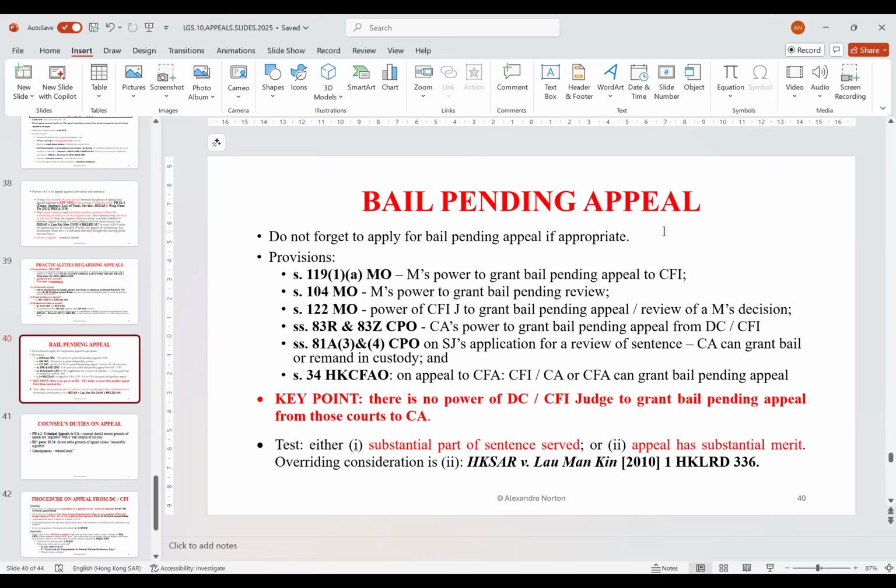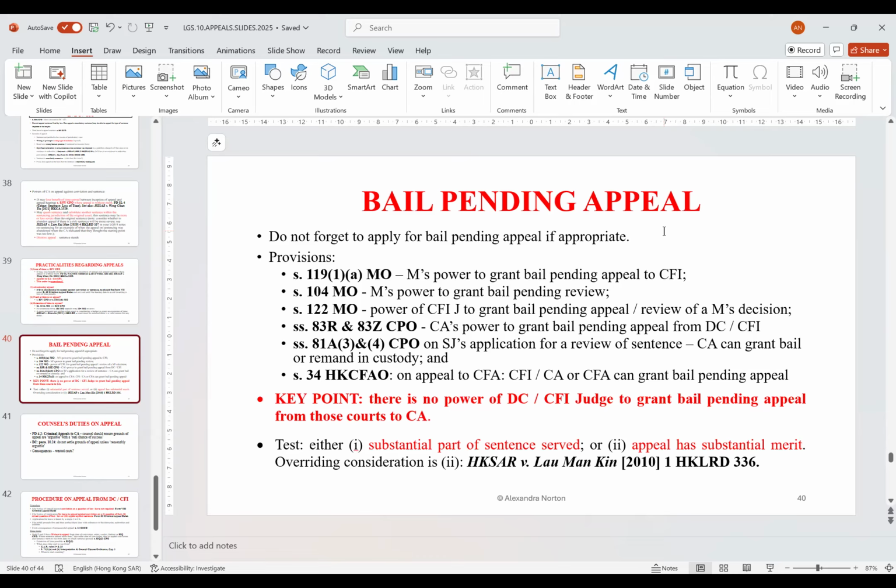Now let's consider the situation. Defendant is sentenced to 1 month imprisonment, right? Very good chance that he would have served all of that period of time before the Court of Appeal could hear his appeal, okay? Or even the CFI judge could hear his appeal, right? That doesn't necessarily mean that just because his sentence is short, he will definitely get bail pending appeal, okay? Because if he has no merit in his appeal at all, it would not make sense to grant him bail pending an unmeritorious appeal, because you would release him from custody on whatever conditions.